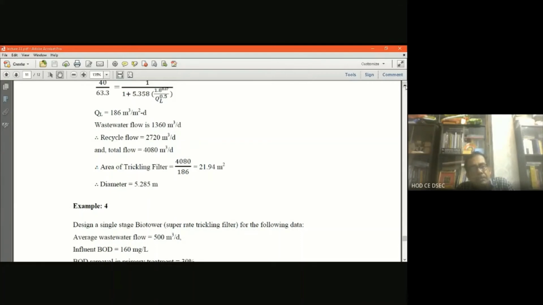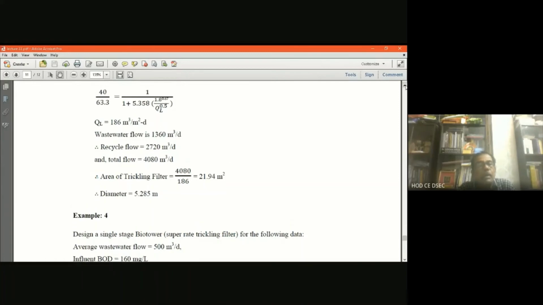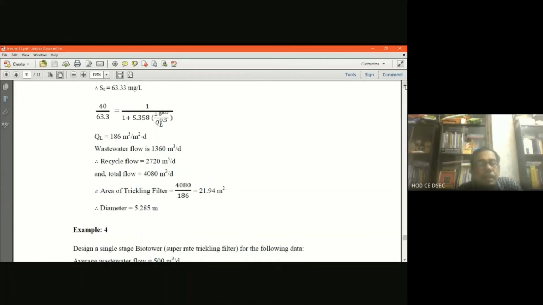So that is the difference between the earlier problem, the low rate trickling filter, and the high rate trickling filter. Here the flow rate is 4080, thrice the earlier one, and the loading rate is also higher, 186. Why is it higher? Because the effluent BOD is more.